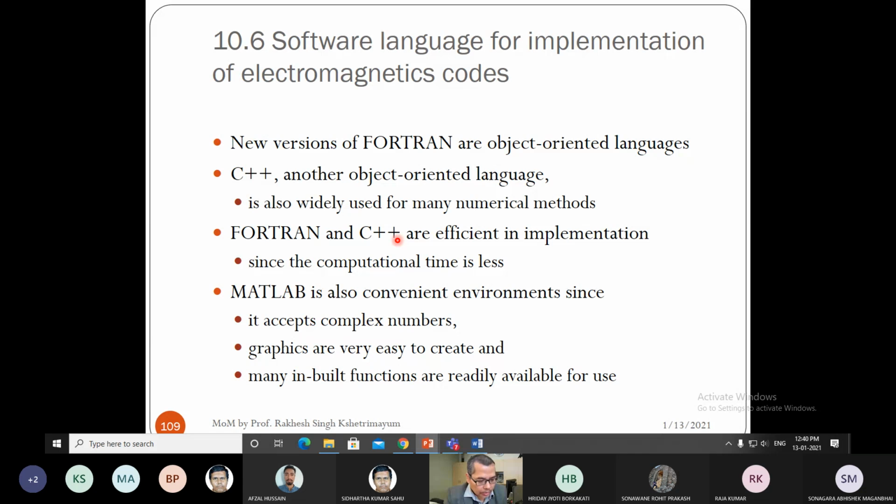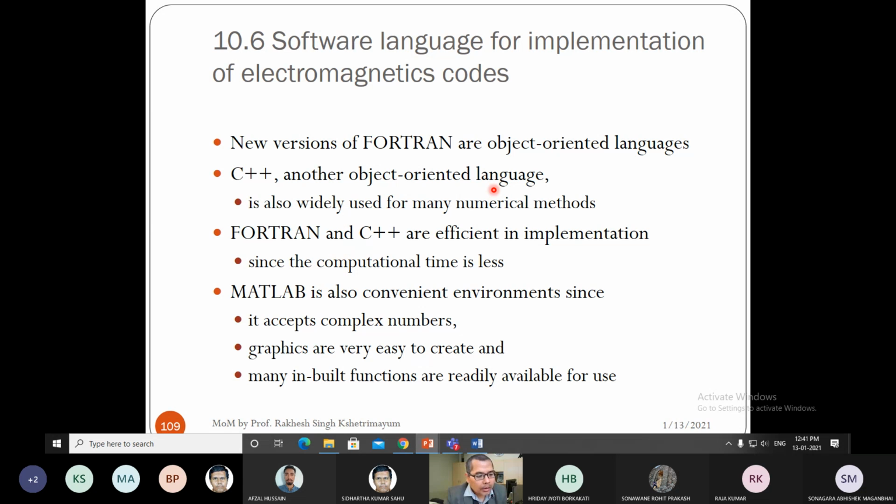If you want to write your assignments and programming exercises in an object-oriented programming language, you are most welcome, because that will help you later on for your placement. So you can even write these programs in an object-oriented programming language, so that when you learn computational electromagnetics, you also learn object-oriented programming, and it will help you because nowadays most of the jobs you get after your MTech would be on programming, the software profile.